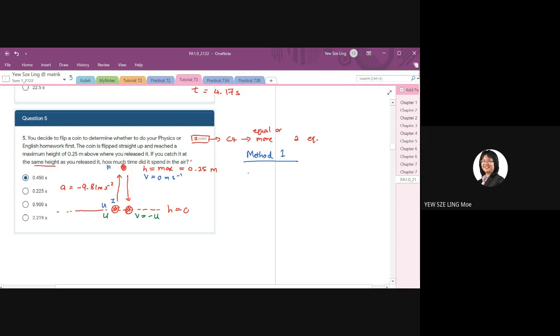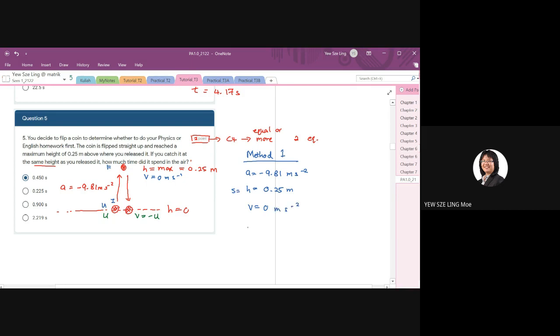What I do have right now is a equals negative 9.81 m/s^-2, h equals 0.25 meter, and v equals 0. h is also your s.